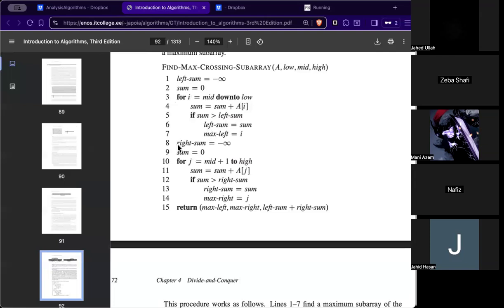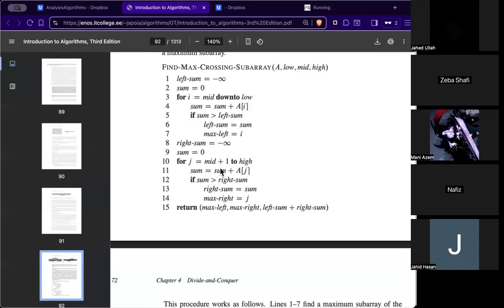Instead, we come down here and we just say, well, the right sum is equal to negative infinity and sum is equal to 0. And then just like we did up here, we're moving from mid plus 1 to high. Now, this is going to go in the opposite direction, okay, as you can see. So if sum is greater than right sum, here you have sum is equal to sum plus a of j, right, that jth index.